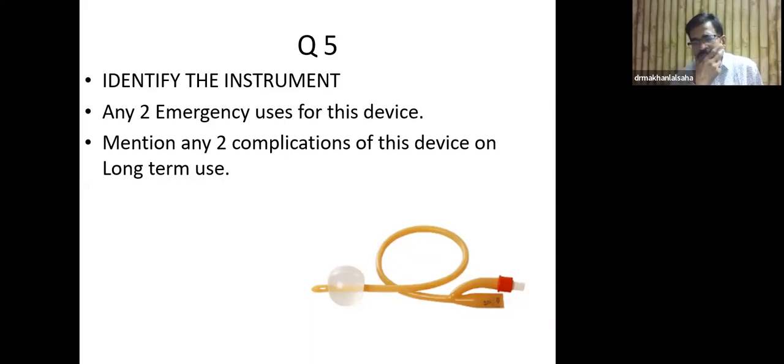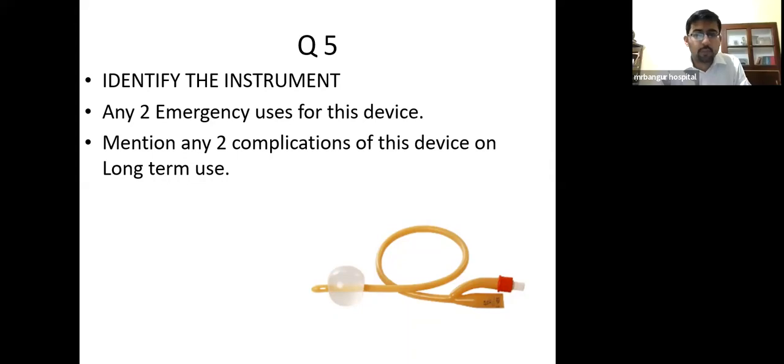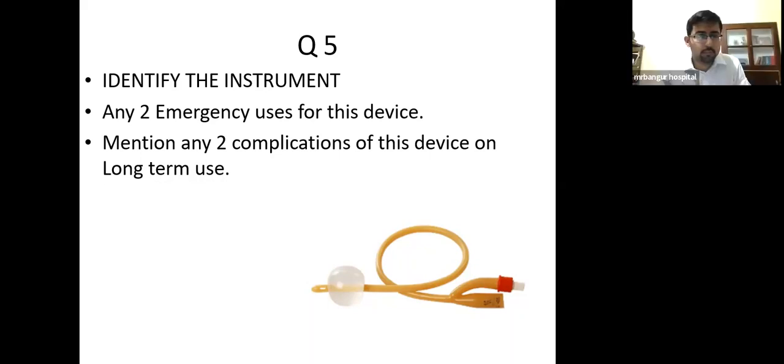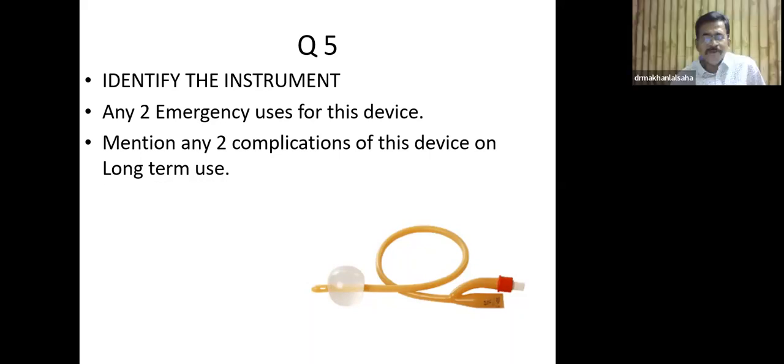Sir, if you're using the balloon for compression of bleeding. If you had done an earlier open prostatectomy, where I need to apply pressure on the prostatic bed, this catheter is placed in the bed and then the balloon is inflated so that it causes compression of the prostatic bed. Okay. Ramanuj, any question? Right.